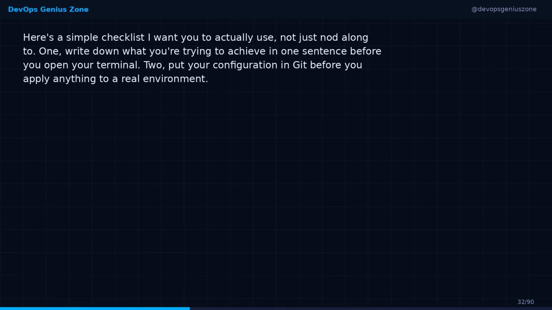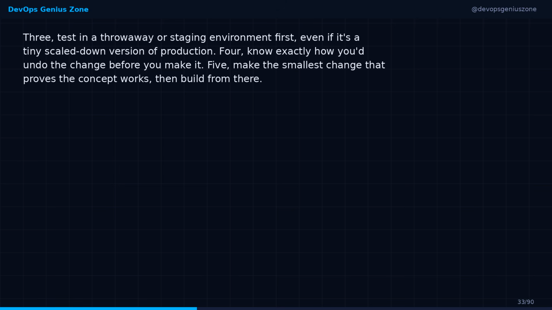Make the smallest change that proves the concept works, then build from there. Engineers who skip straight to step 5 without the first 4 almost always end up debugging something they don't fully understand, under time pressure, which is the worst possible way to learn how to upgrade a Kubernetes cluster with zero downtime.